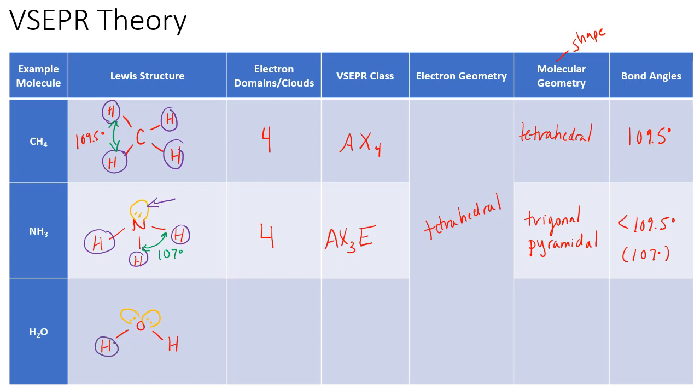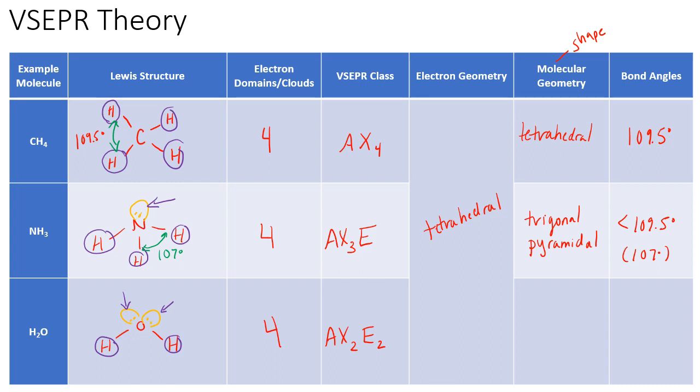We have 2 bonding domains and 2 non-bonding domains. So we're still within that major tetrahedral family for the electron geometry. How we would write the VSEPR class is we would have AX2 because we have 2 bonding domains, and then we say E2 for the 2 non-bonding domains now.